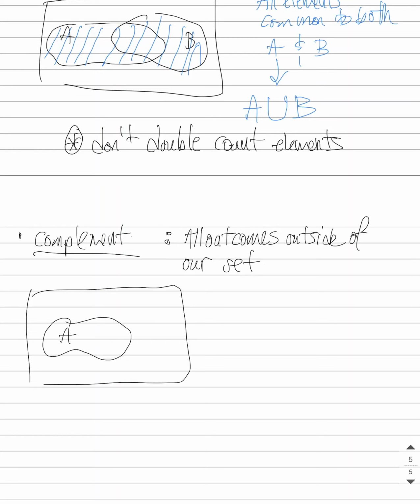According to the textbook that we are using, they use the following. So if this is set A, we want everything outside of set A, but contained within the sample space. And so the notation that we're going to use is A with the dash on it. And so that dash represents the complement. It represents everything outside of our set. Okay?